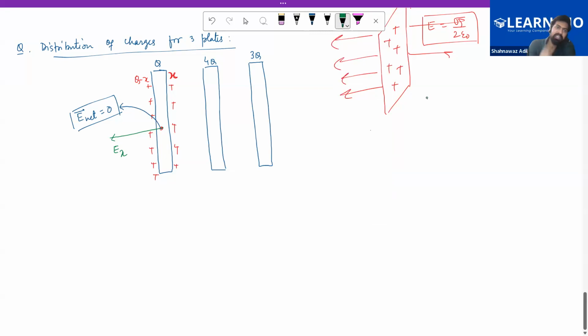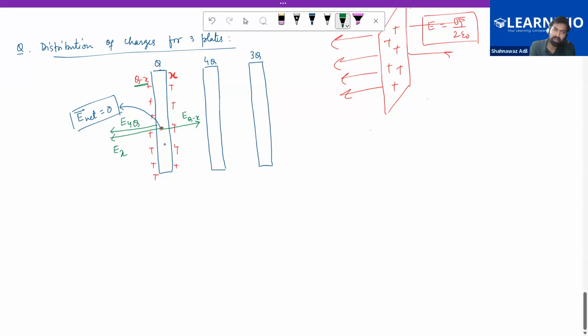And what would be the electric field due to this Q minus X charge? Right or left? Again, this is positive, so that would be outgoing. So this is due to Q minus X. Now there are other charges as well. So 4Q, this is positive, so this would be in this direction.